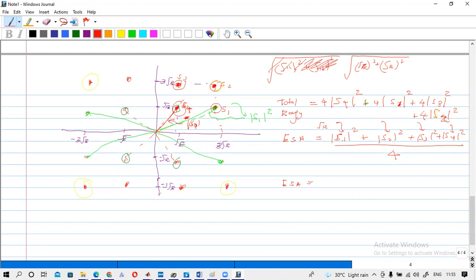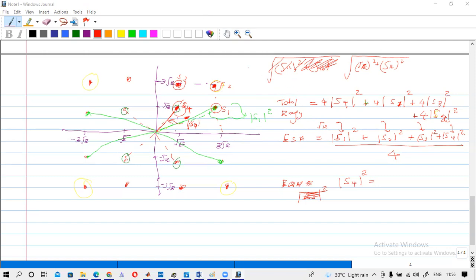For example, for this symbol, let's say S4. So I need the magnitude squared of S4. Let's see.